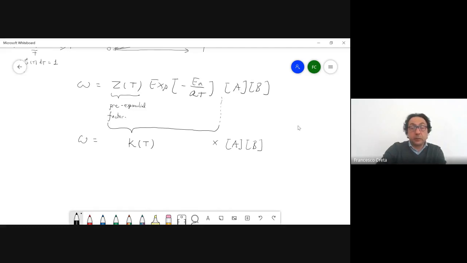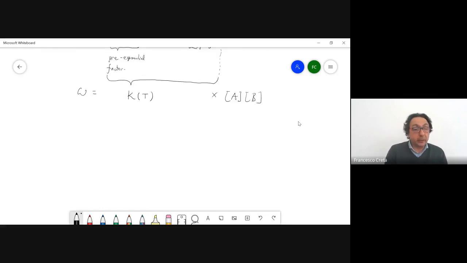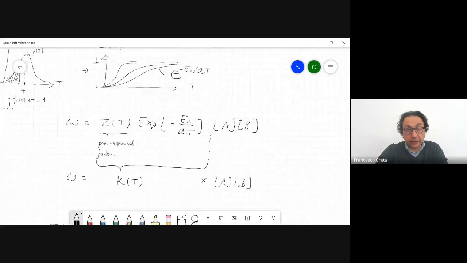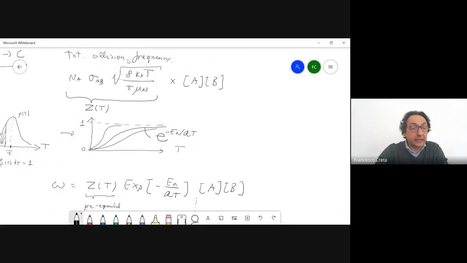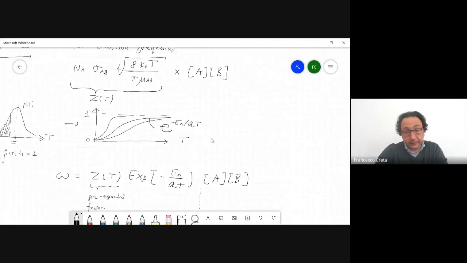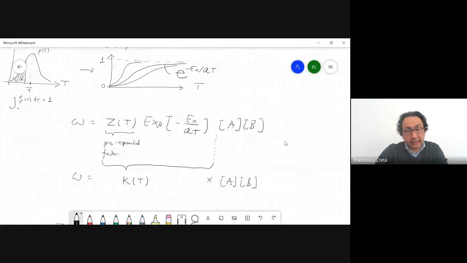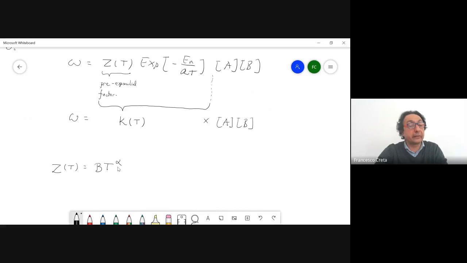Now, how can I write this pre-exponential factor, Z? Remember, there was a square root and something like that. But in fact, you can write down in very compact form Z as some constant, depending clearly on the particular reaction, times temperature to the power of alpha. So to be perfectly clear, that's why I'm writing Z in this form. It's some constant times T to the power. Generally speaking, in this case, it will be 1/2 alpha. But the chemical kineticist will tell us exactly what this alpha will be.